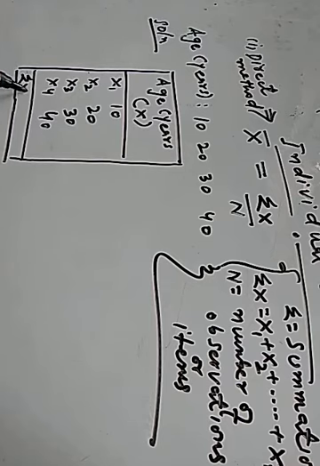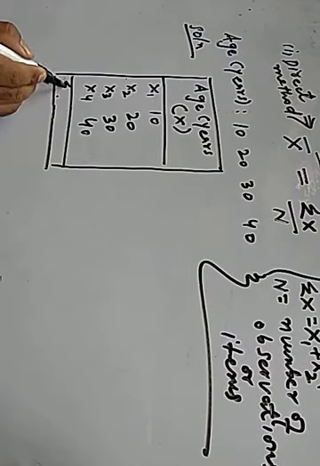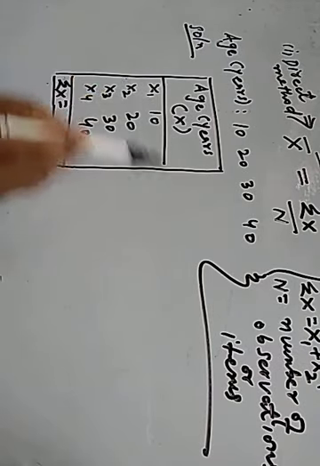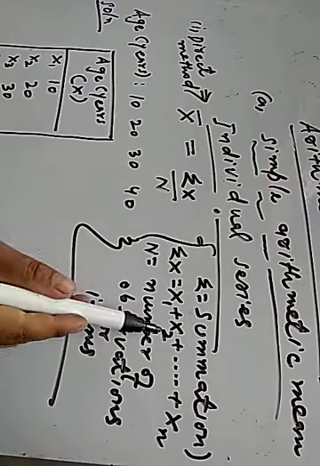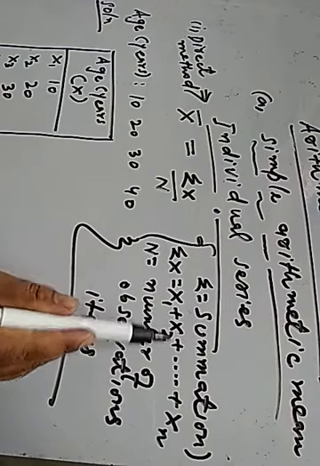And sigma x, that is summation of these x values, adding up of these values, will be equal to x1 plus x2 up to xn.